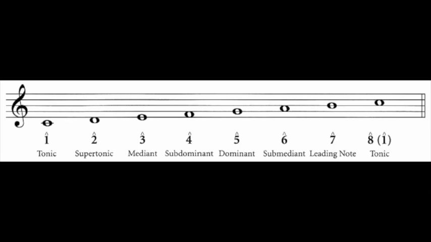The leading tone leads us to the tonic. The only one that can be tricky to remember is submediant, because the submediant isn't halfway between anything really. So we can see here tonic, supertonic, mediant, subdominant, dominant, submediant, leading tone, and tonic.